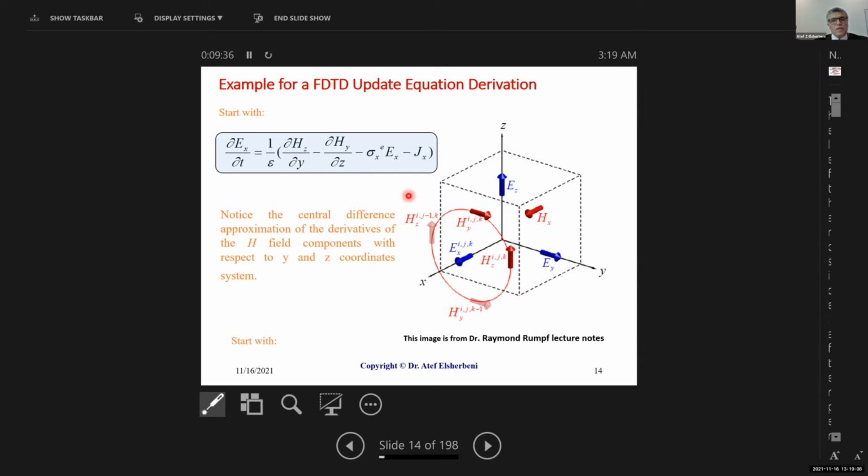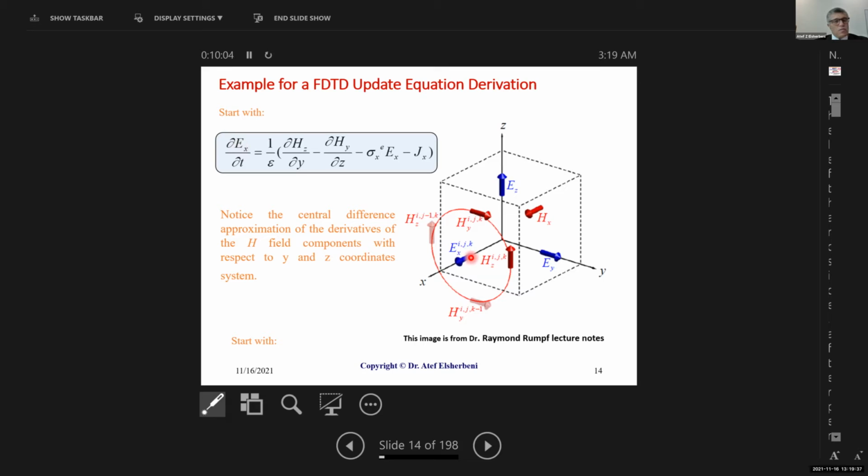For example, here is one of the 6 equations. On this side, I have the Ex component, and I'm going to differentiate it with respect to time. On this side, if I'm doing any differentiation, I need to differentiate it at the position of the Ex component. So the derivative of Hz, for example, which is this component, I need to differentiate using central difference where the derivative is located at the position of Ex.